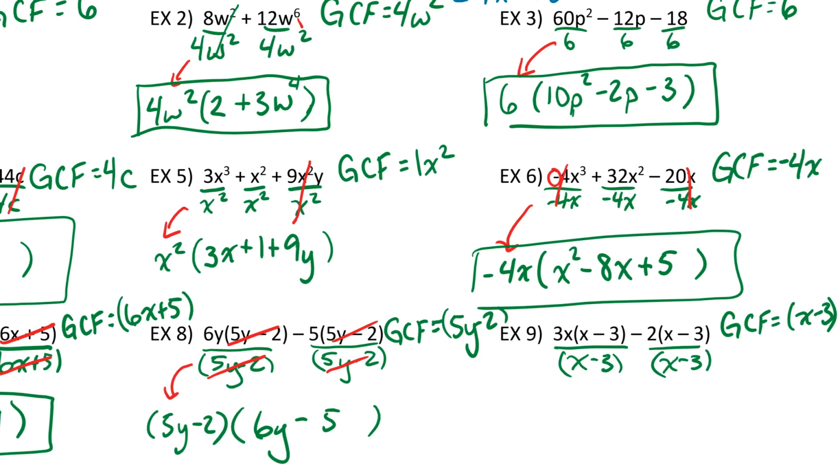Now, when we divide each of these, whatever we're dividing by comes out. And then in both cases, again, parentheses just cancel out. And we're going to be left with 3x minus 2.